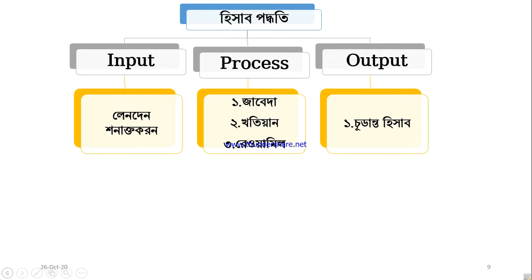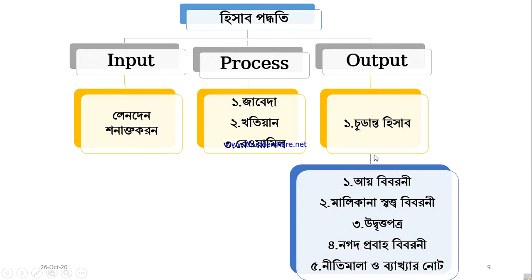So, identify the transaction, record the journal entries, post to the ledger, and prepare a trial balance. After that, the output is the final account. And final account indicates the income statement, owner's equity statement, balance sheet, cash flow statement, and the principles and notes of various events.